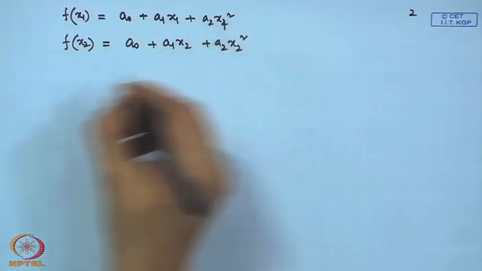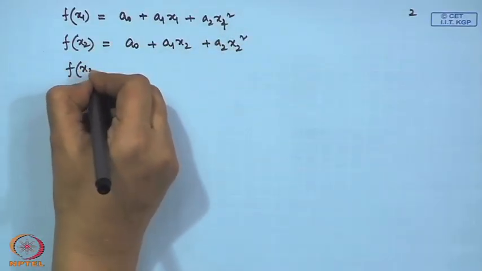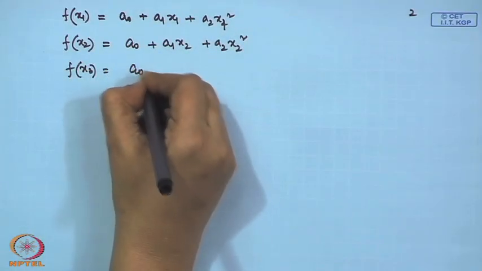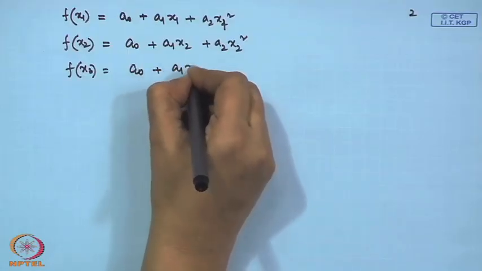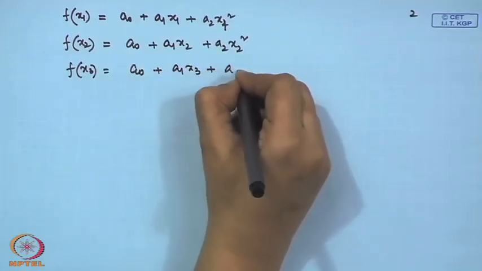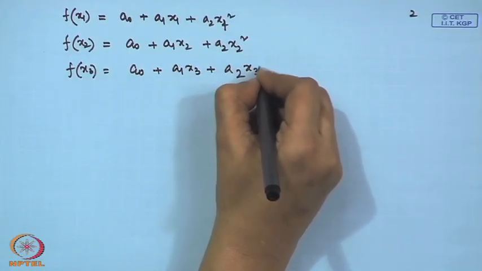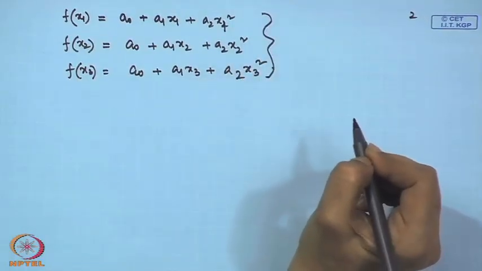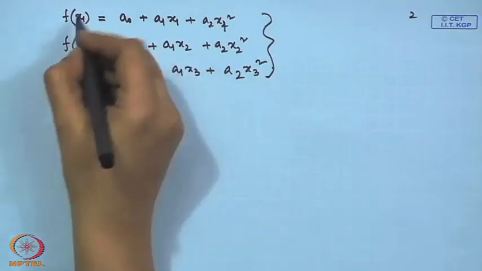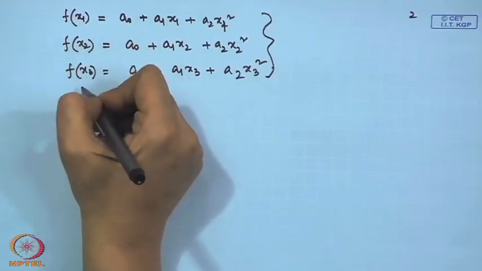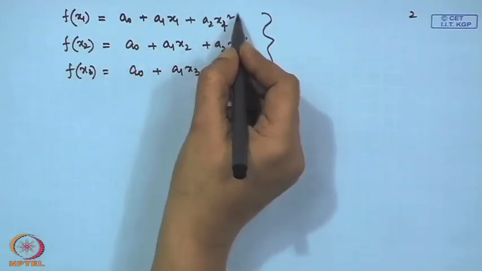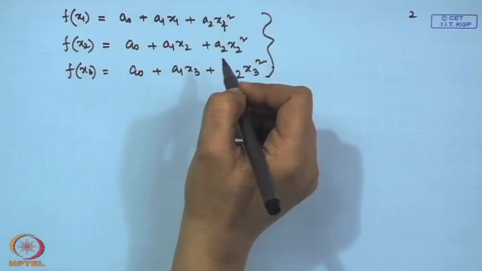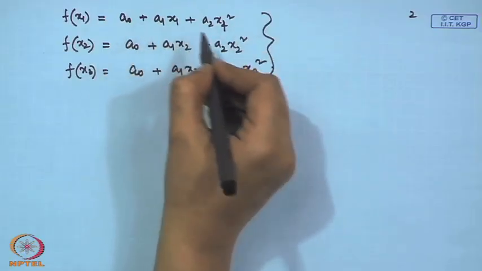And f(x3) is equal to A0 plus A1 x3 plus A2 x3 square. Now, we are having 3 equations and these functional values are constants for us. That is why solving these 3 equations we will get the coefficients A0, A1 and A2 like this.